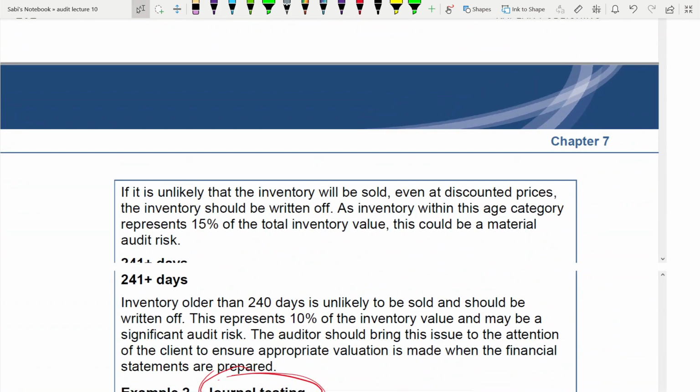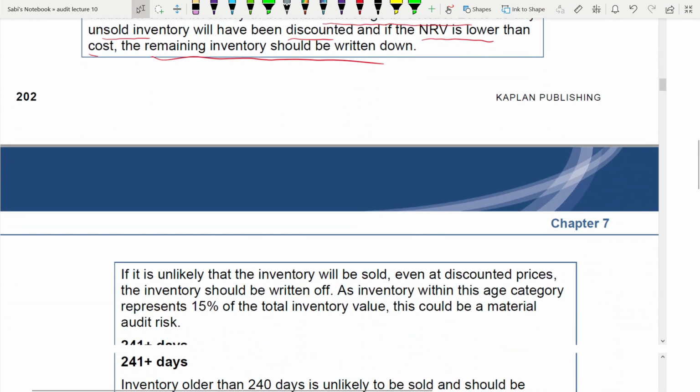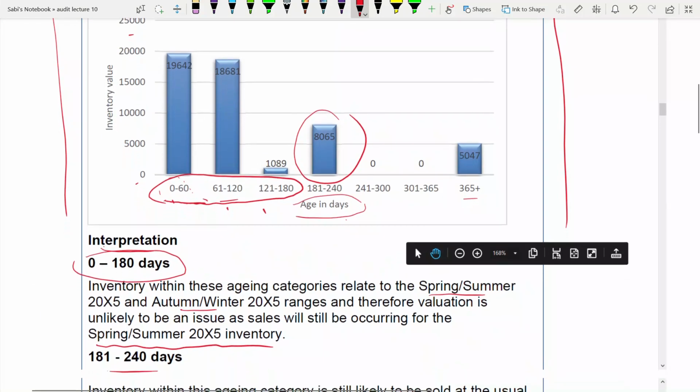And remember, you always have to talk in terms of materiality, how material something is. So here, it is unlikely that the inventory will be sold, even at discounted prices. The inventory should be written off. Because when you come to this age, 181 to 240 days, who wants this selection? Who wants the summer spring clothes at that time?